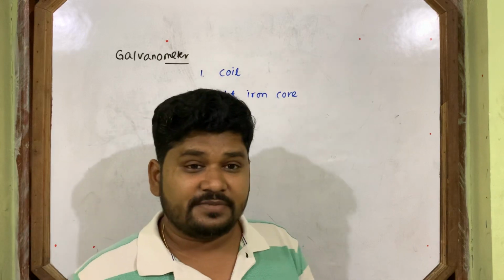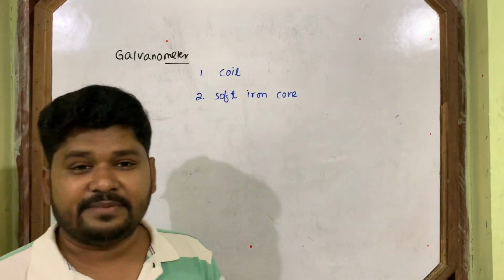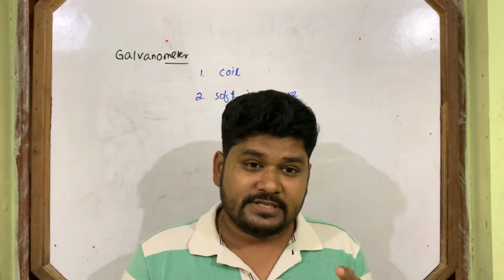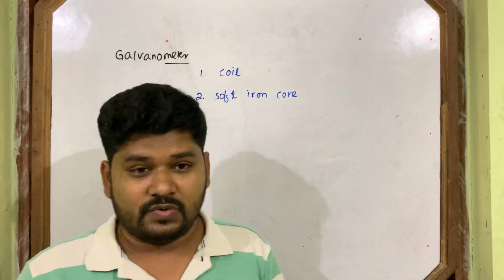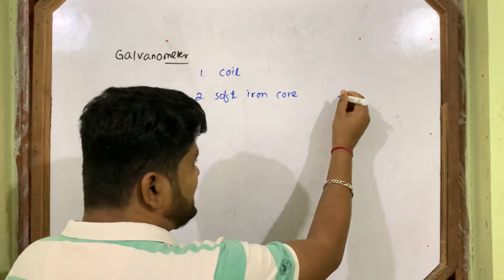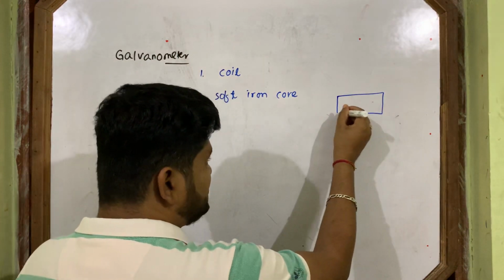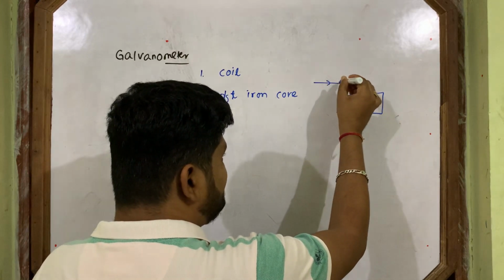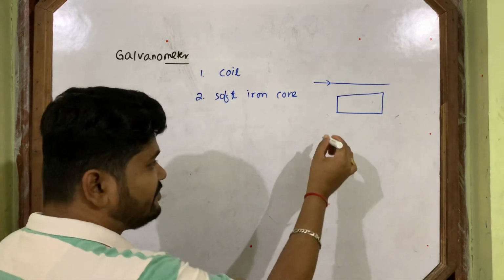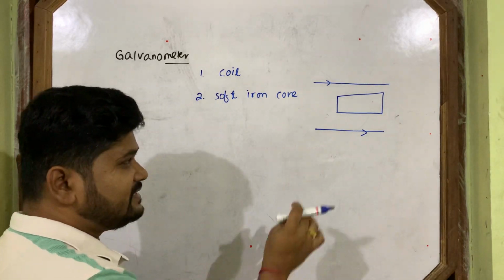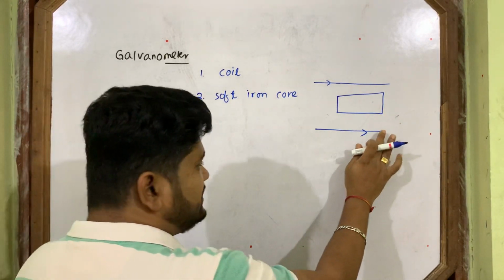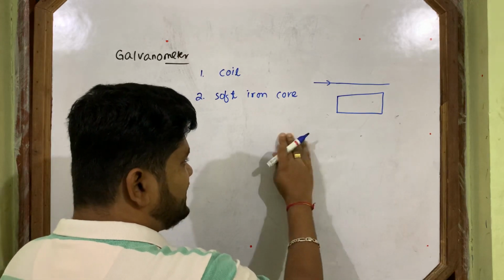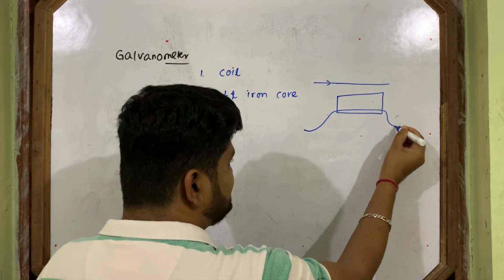What is the advantage of soft iron? Soft iron is a material which, when you keep it in the core, its importance is like this. Try to understand this one. The magnetic lines of force are passing like this, and if soft iron is here, it will drag the magnetic lines inside it.